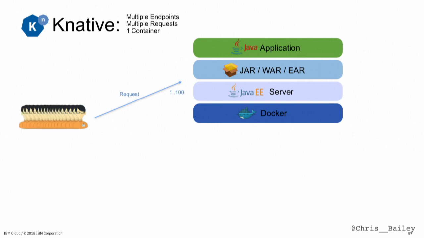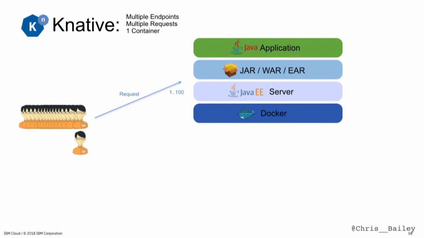But one of the differences is, if I have 100 concurrent users, they can all use the same container. And this is because Knative says, I'm just running a container. You're going to bring your own framework. And Java frameworks are very good at handling concurrent requests, so why not let them do that? So between 1 and 100 concurrent users, I can reuse the same container.